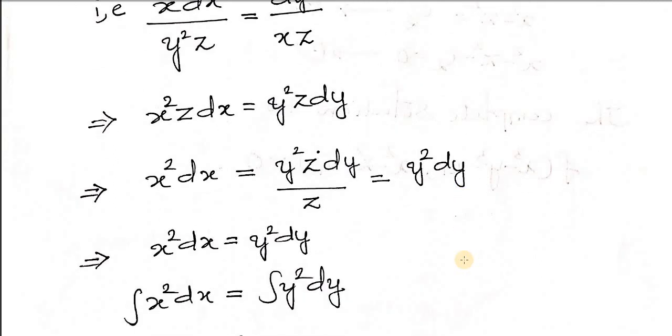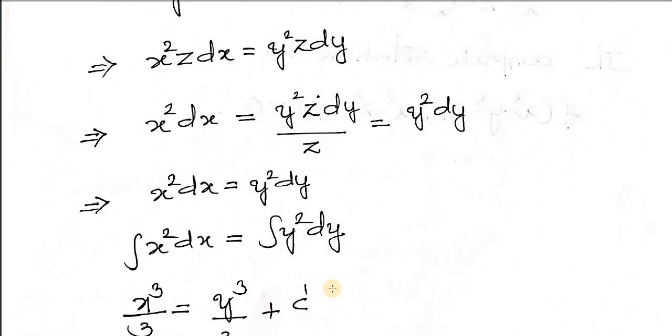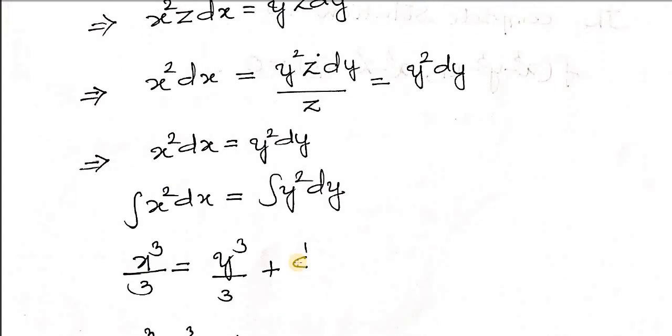See, it is already x with dx and y with dy, a function of x with respect to x, y square with respect to y. So now we integrate this equation both sides: integration of x square dx and integration of y square dy. x square dx is x cube by 3 and y square dy is y cube by 3. One constant of integration I can take, c dash.